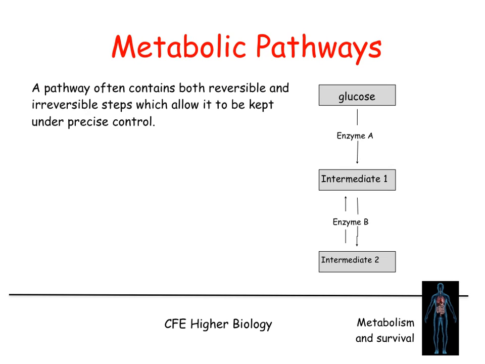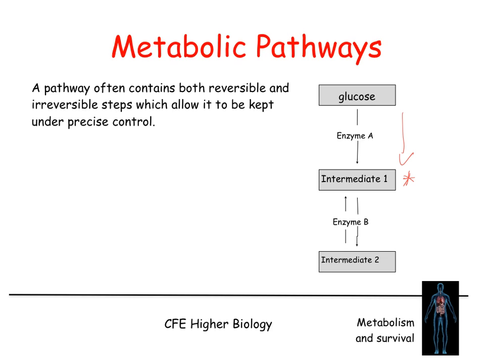Now, some metabolic pathways have reversible and irreversible steps within them, and that allows the pathway to be kept under some sort of precise control. An example I've got here is the pathway we've looked at before, where the conversion of glucose into intermediate 1 is an irreversible step.